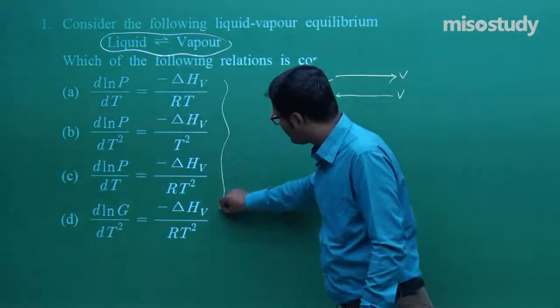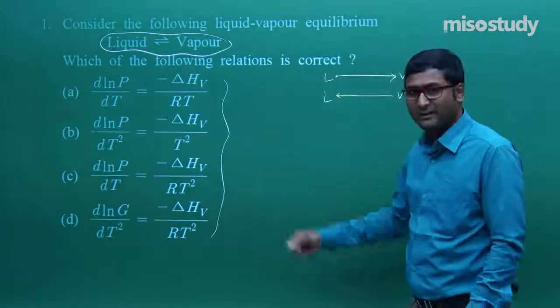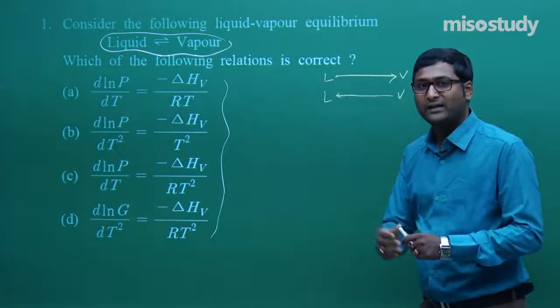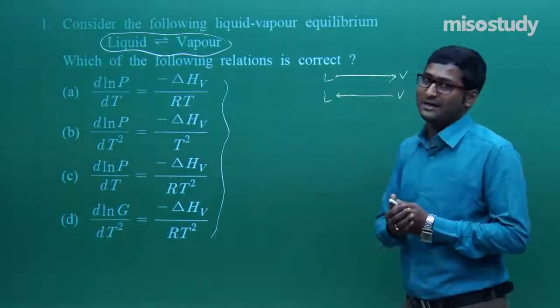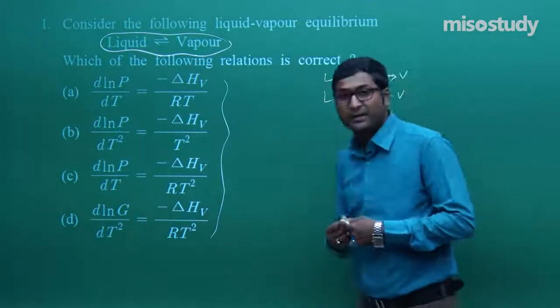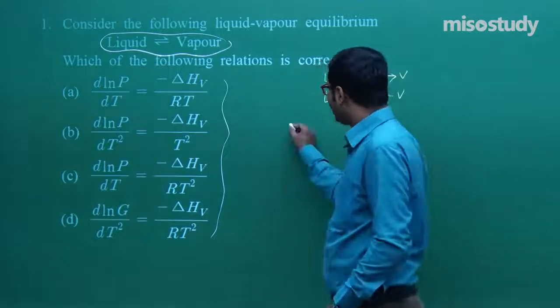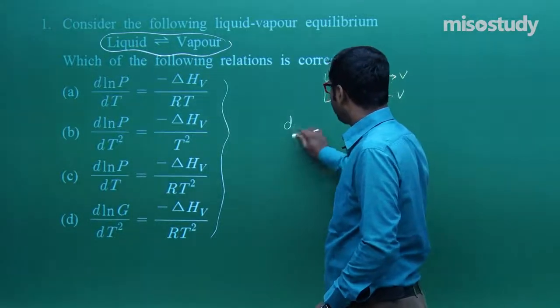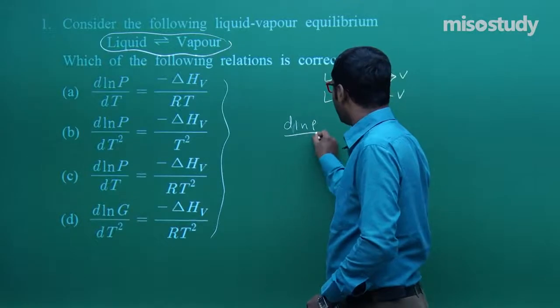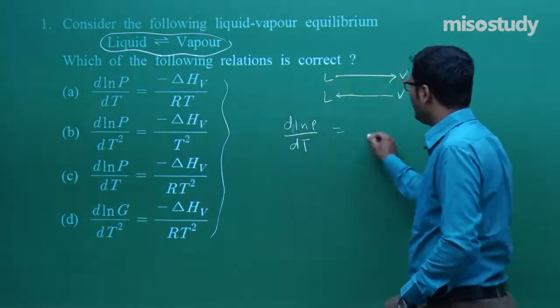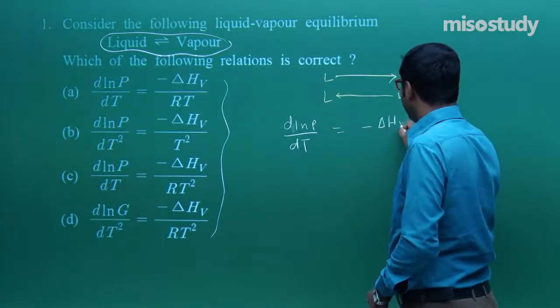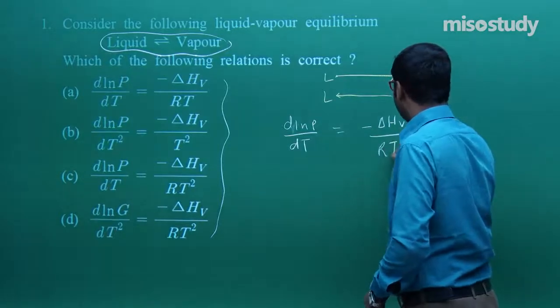Observe this question, all the options. This is the Clausius-Clapeyron equation, and now find out what the actual Clausius-Clapeyron equation is. We know that d ln P upon dT is equal to minus delta HV upon RT square.